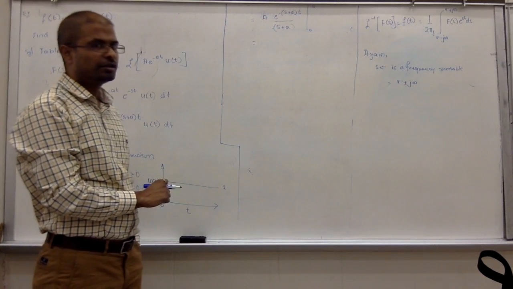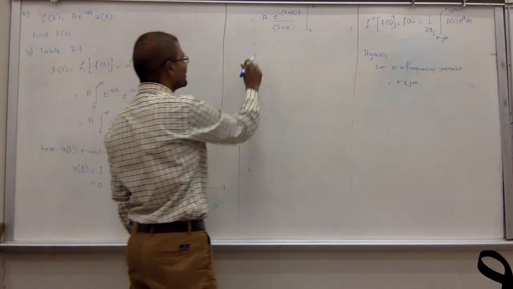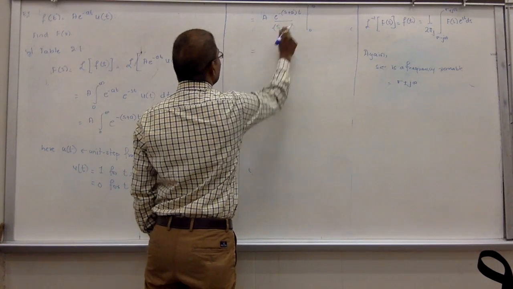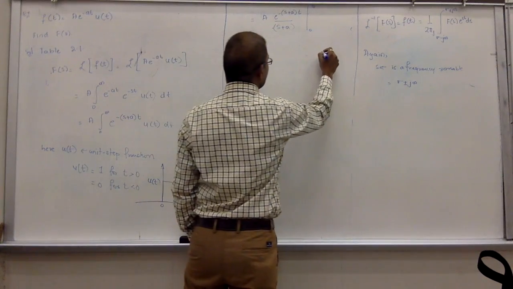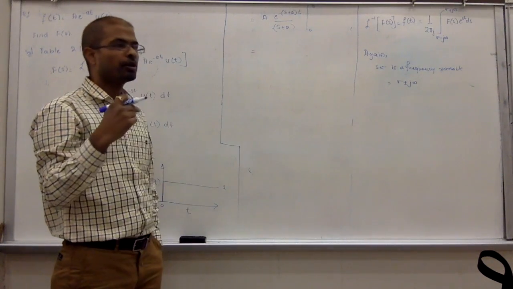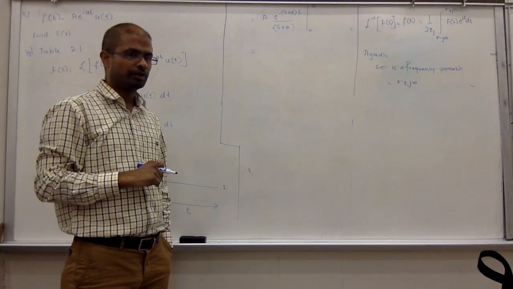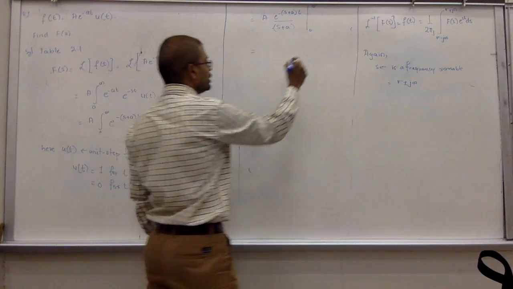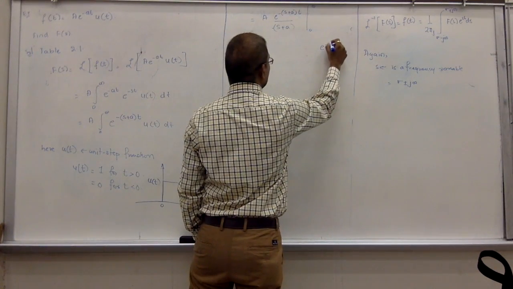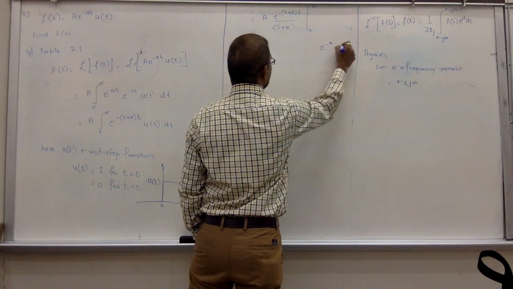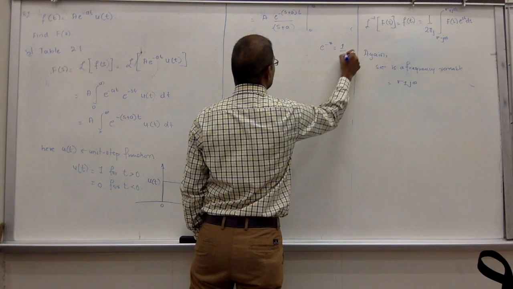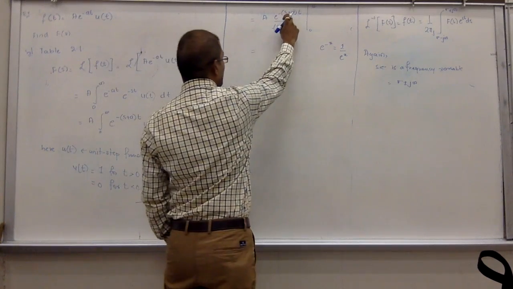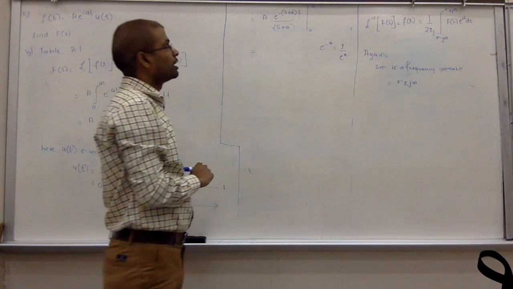E to the power of minus x is 1 over e to the power of x. So if you evaluate this at infinity, it is 0.